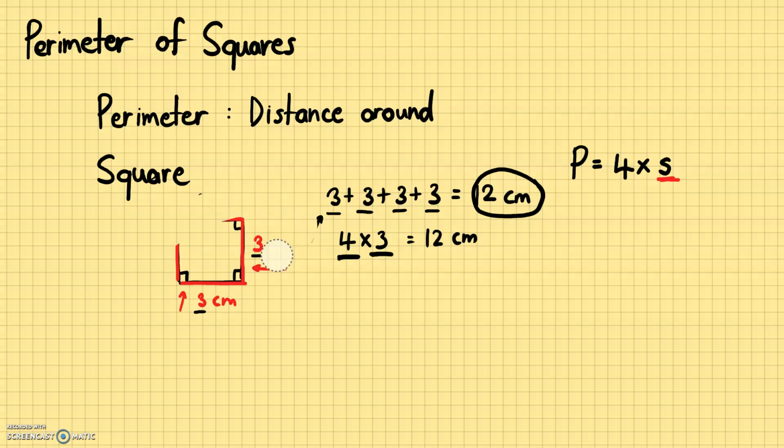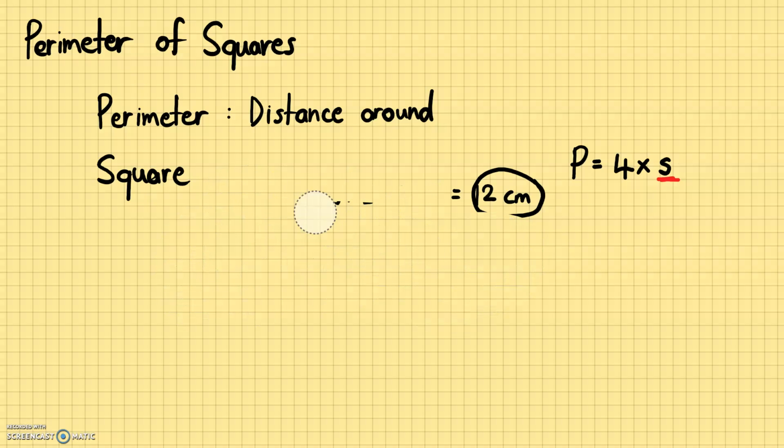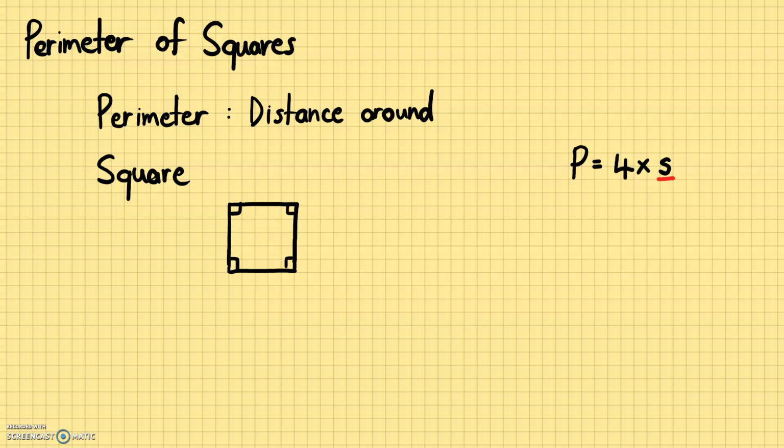Okay, let's try another square here. So you have a square like this. And let's say we know that one side is 5 meters.